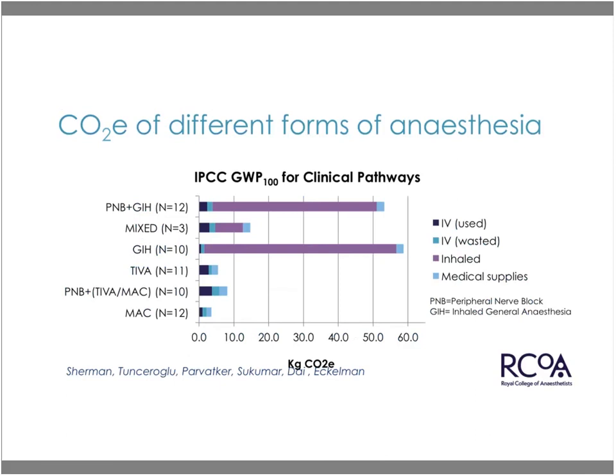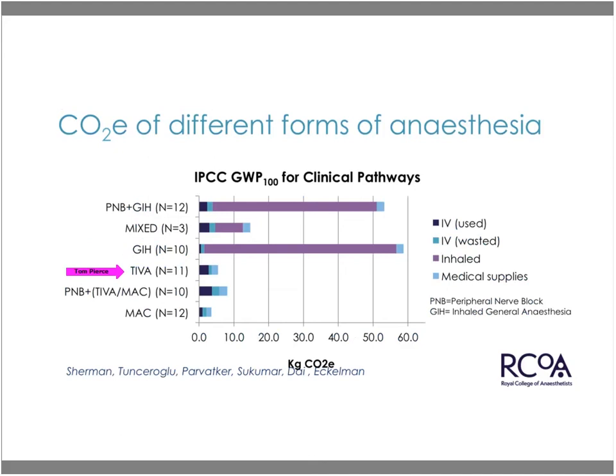Jody Sherman in the United States has explored this a little further and made comparisons between the carbon footprint of an anaesthetic with either an intravenous or an inhalational basis. You'll see it stands for peripheral nerve block plus general anaesthesia, and in this relatively small number of patients, 12 in this example, the CO2e for each anaesthetic was about 50 kilograms, as it was for a general anaesthetic on its own.